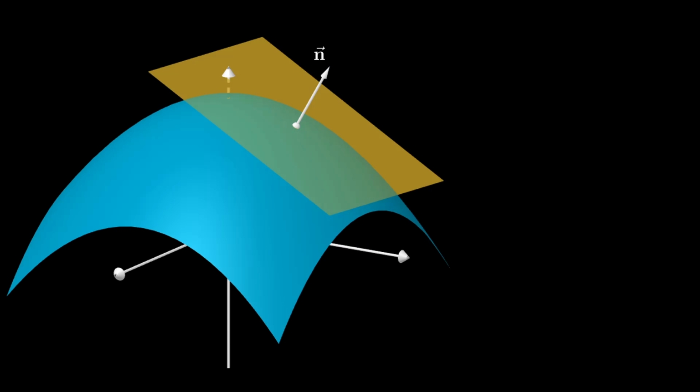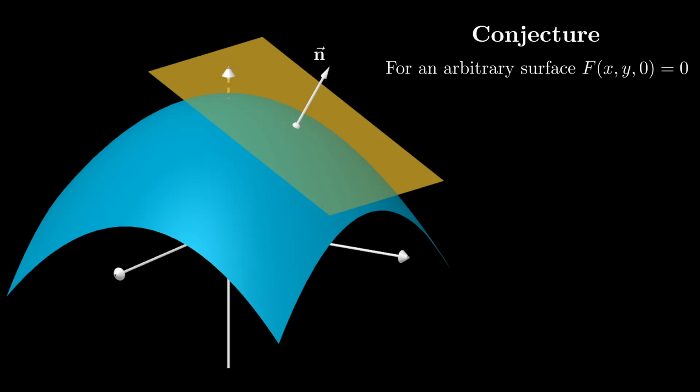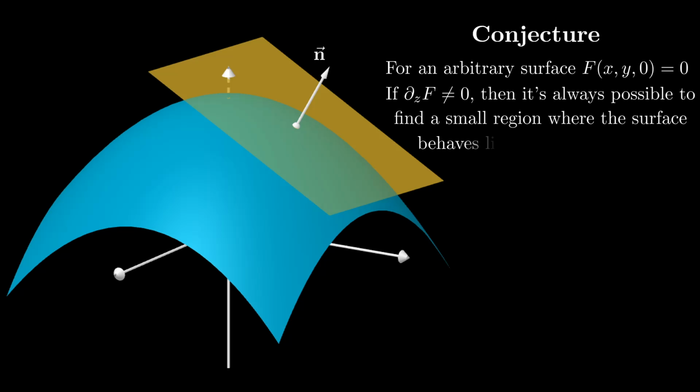So with these observations, it's reasonable that we may conjecture this. This is our conjecture. We think, or we are seeing right now, that for any arbitrary surface f of x, y, and z equals 0, if the partial derivative of f with respect to z is different to 0, which means that the tangent plane is not parallel to the z axis, then it's always possible to find a small region, okay?